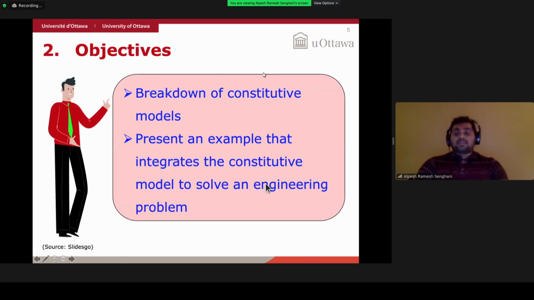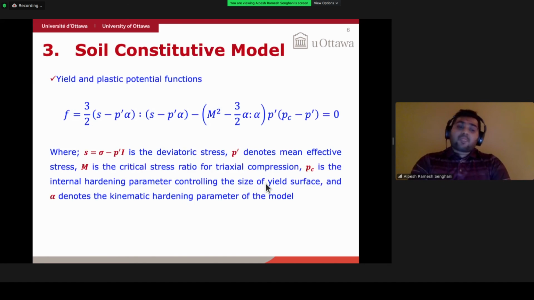Now, let us just stick together and look at the objectives for the presentation today. It will be to break down constitutive models, and then to present an example of the models to integrate to solve an engineering problem. First of all, I'll go through the soil constitutive models, and then I'll present the example, and then we'll try to make things work together. So for the soil constitutive models, we have a classical one, the MCC, Modified Cam-Clay model.